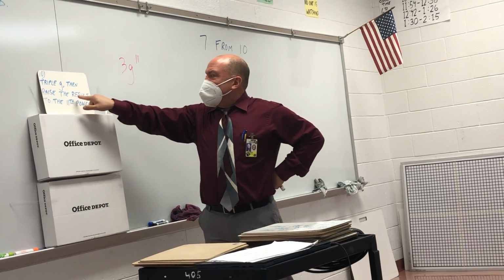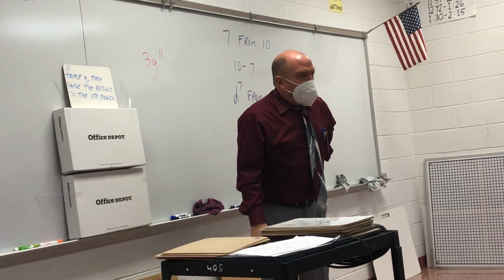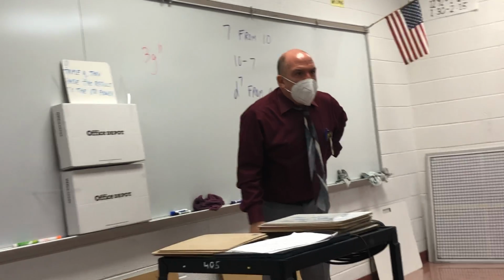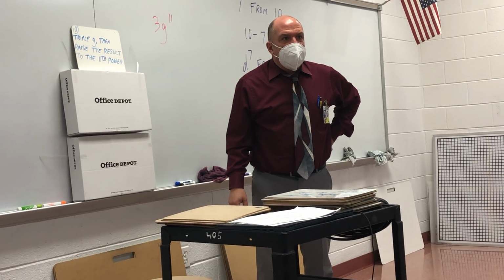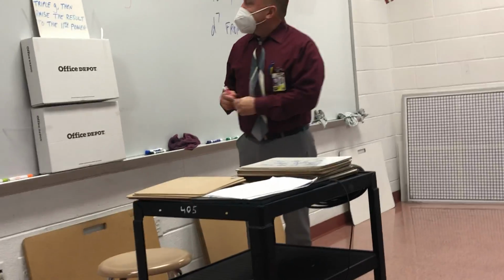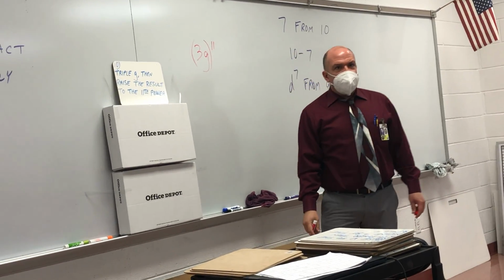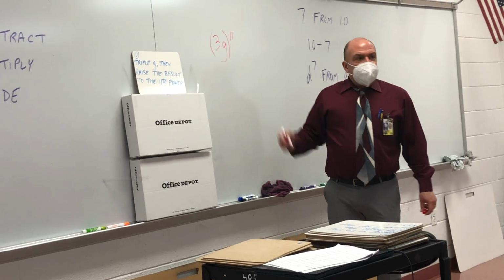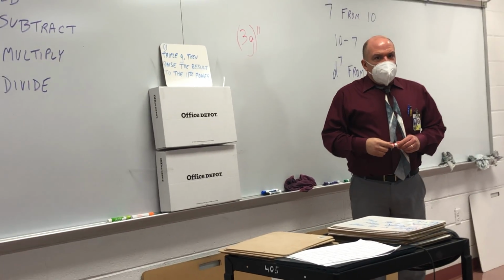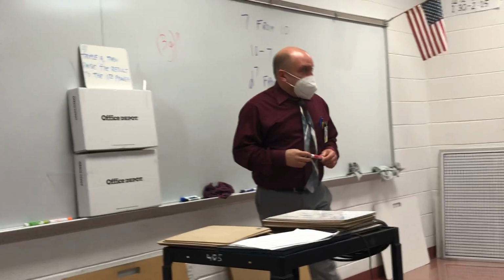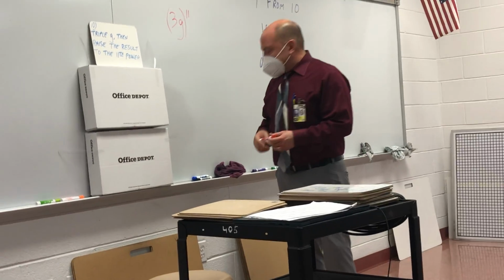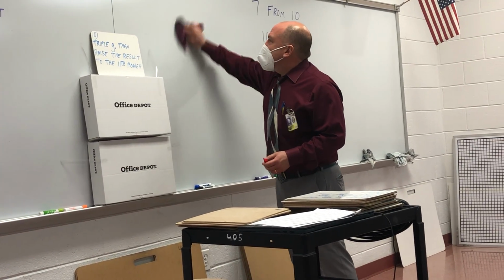I need the result to the 11th power. What do I need here? Parentheses. There we go, 3G in parentheses to the 11th power. Can I have a nod? Everyone okay with that much?